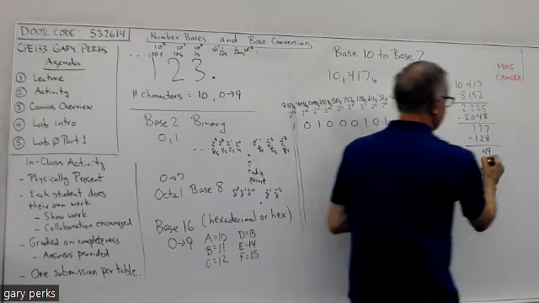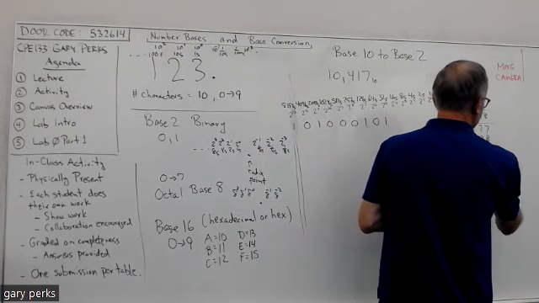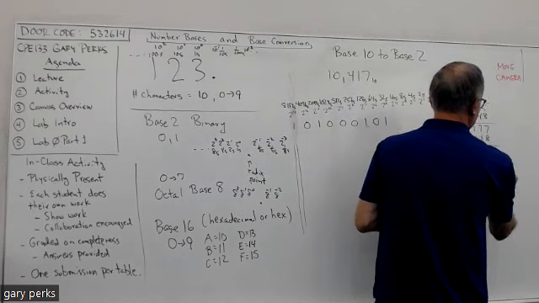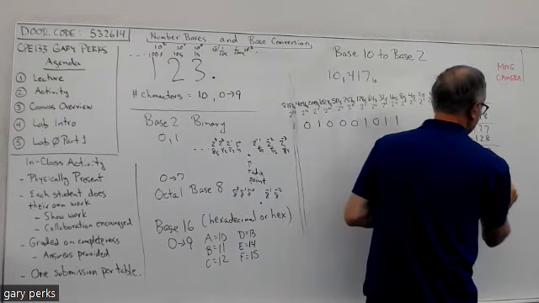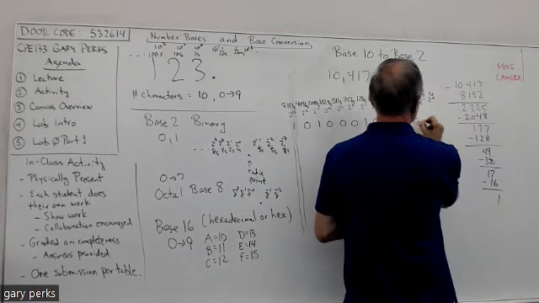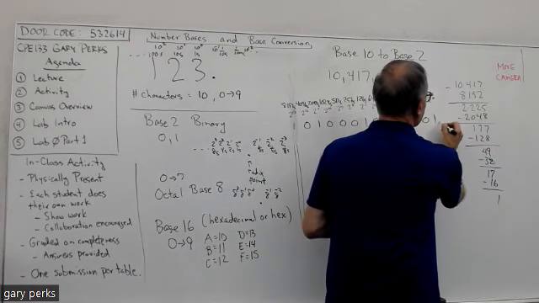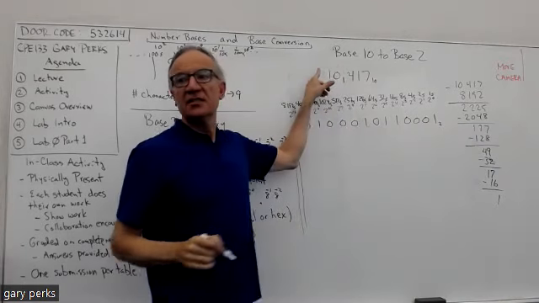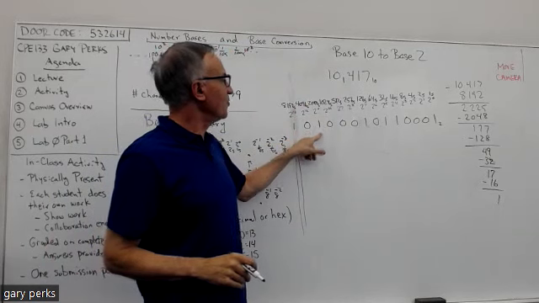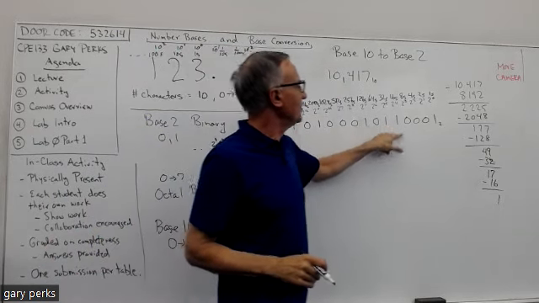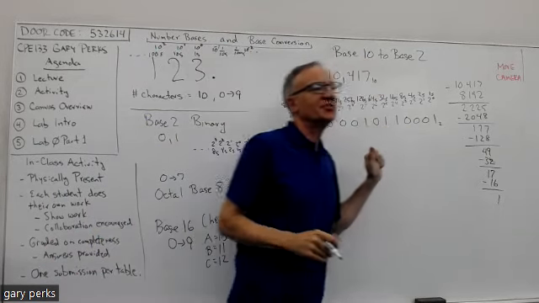There is a 32. Okay, so that leaves 17. So we have a 16. And that just leaves a 1. So these would be zeros. Okay, so 10,417 in base 10 is 101000101100001 in base 2.